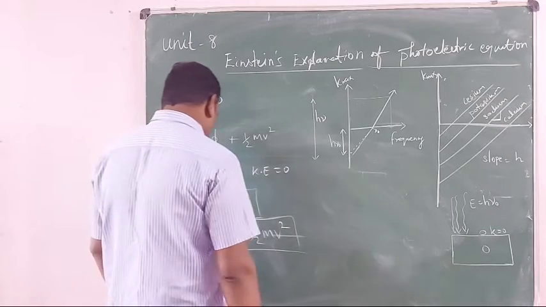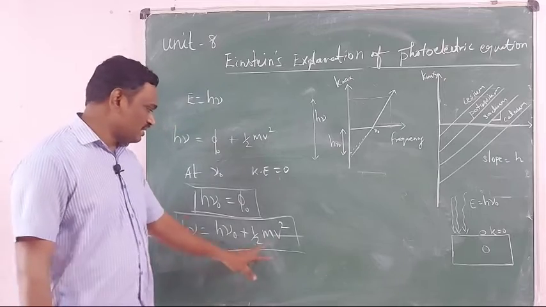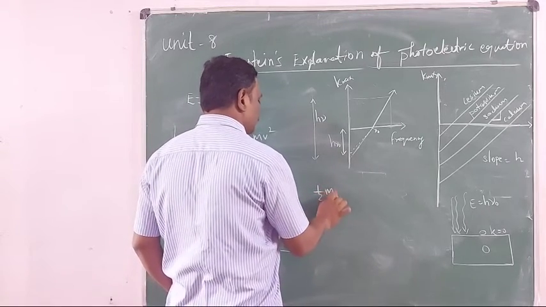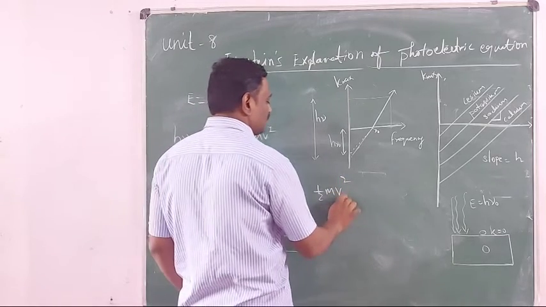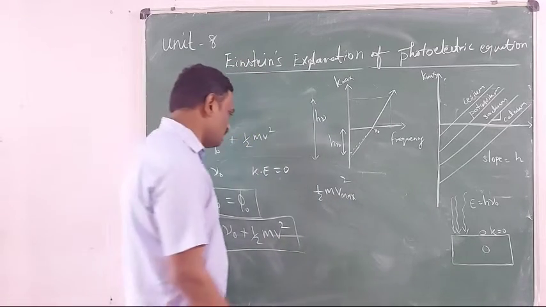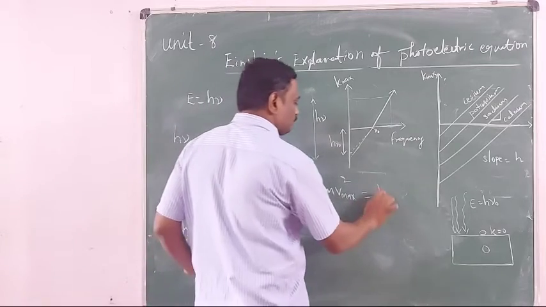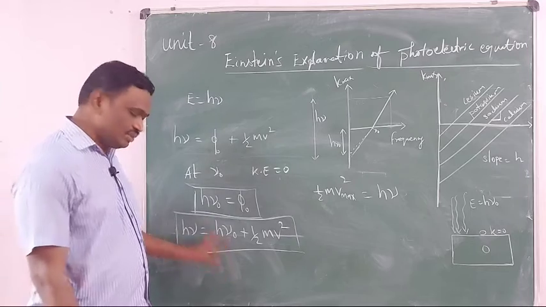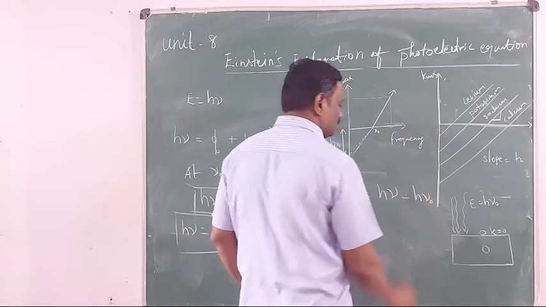So in this case, we can write the kinetic energy of the electron. Here half m v square is the kinetic energy. In this case, the electron travels with the maximum velocity, so we can write half m v maximum square is equal to h nu, and bring this term to the left hand side, so that it will become minus h nu naught.